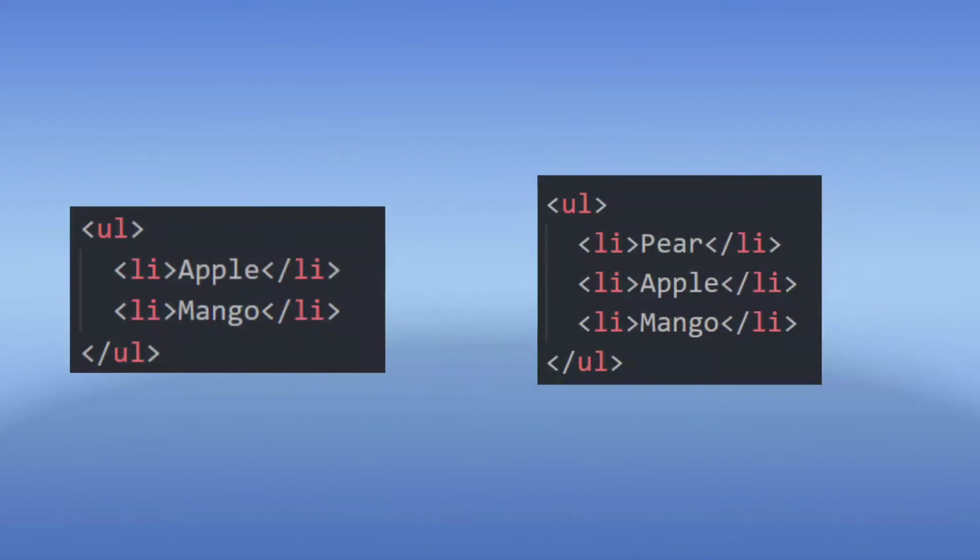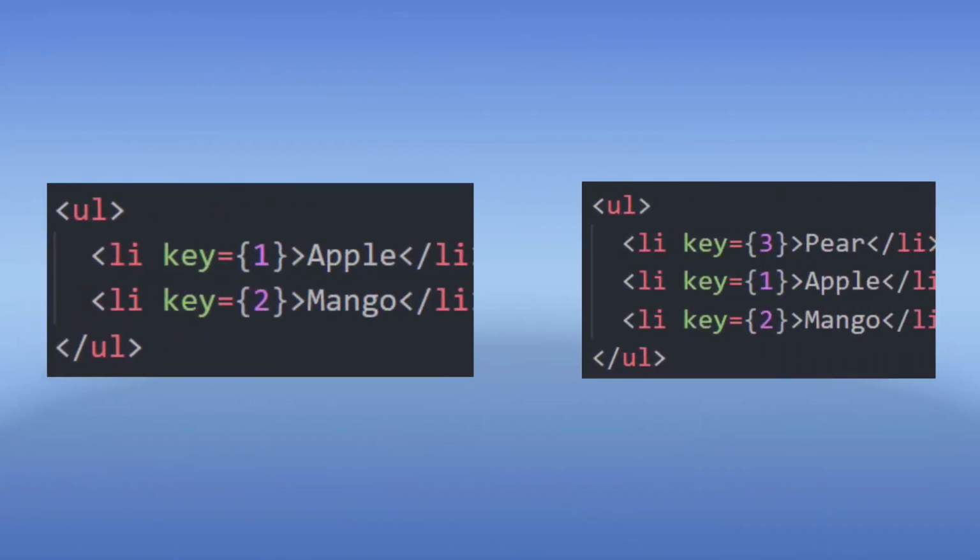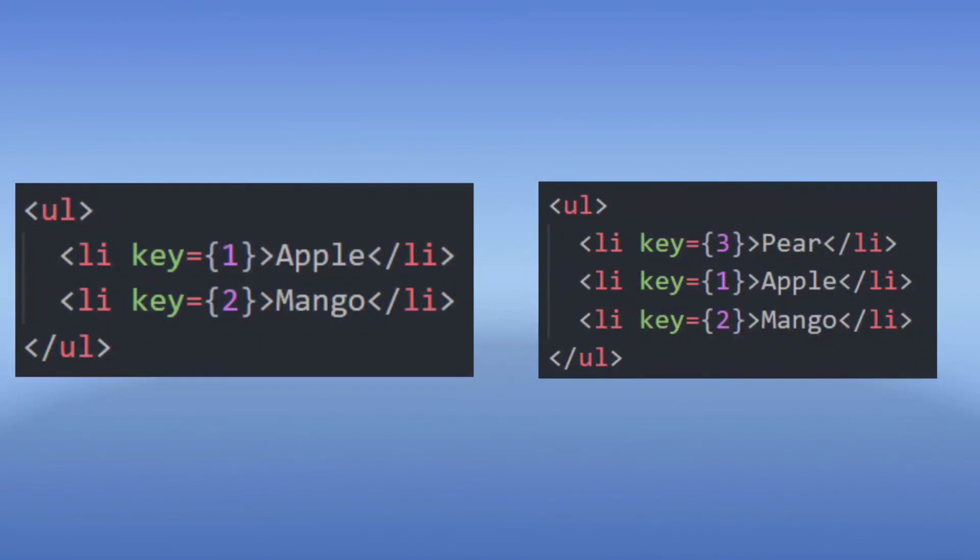So this is a performance issue, and here the key comes as a savior for you. How can we say this? Let's take this example. I'm just adding simple keys to the same list, apple and mango, and I'm adding pear at the very beginning of my list. It will do a comparison according to the keys. Now it will also check the values, but it will also have that key as a secondary comparison.